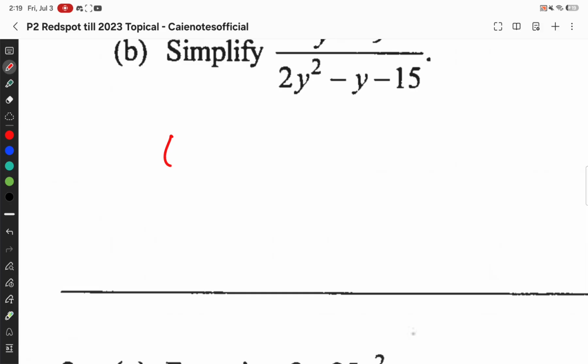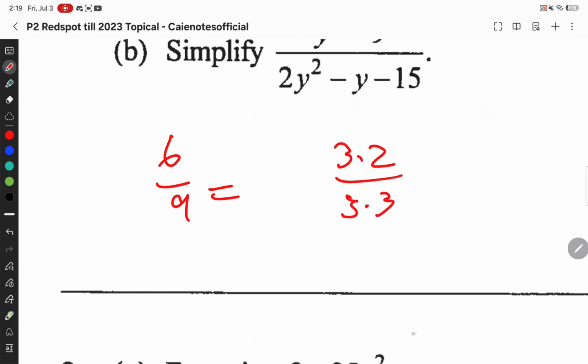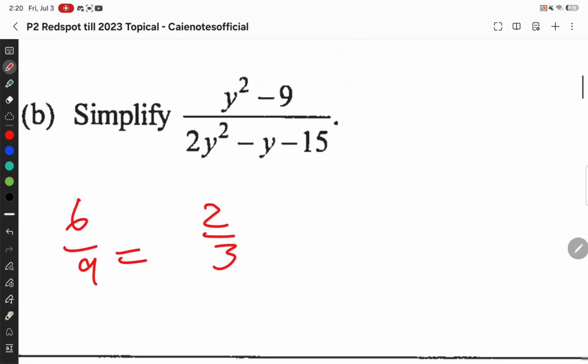If we have 6 over 9, it is the same as 3 times 2 over 3 times 3. Both have one thing in common and a different thing. This different thing means this is a multiple of 3 and this is also a multiple of 3. Simplifying, we get this fraction in its lowest terms.